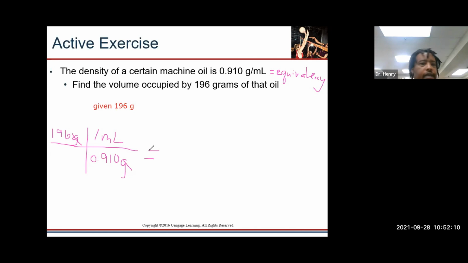So we do that math. So we're going to get 215.384615 milliliters.